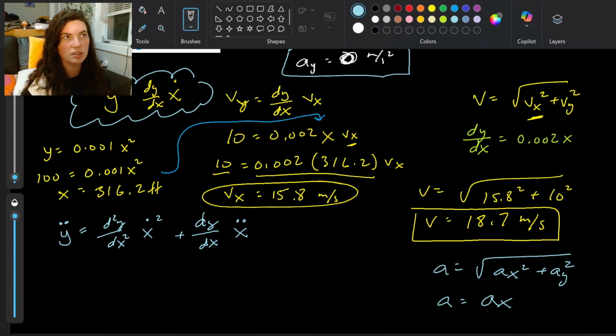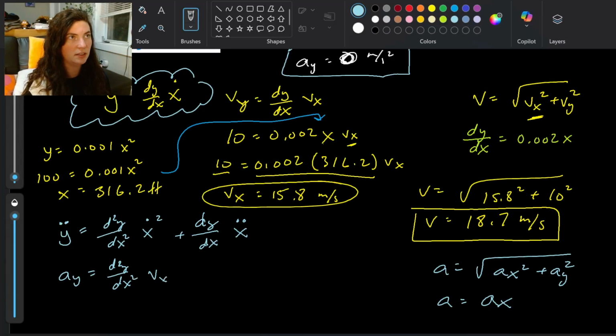And again, this is just the dot notation form, but we can write it in the form we're a little bit more comfortable with, where the second derivative of y with respect to time is just ay. We have the second derivative of our y function with respect to x, then we have this x dot.